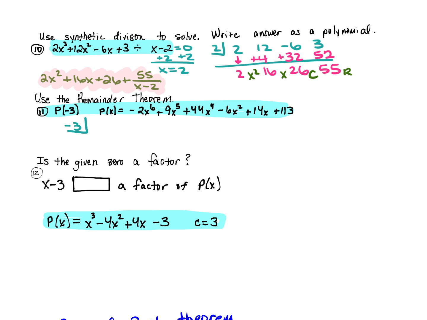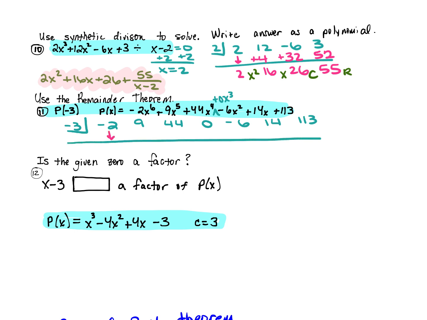For this one, you're missing the x cubed. So if you want to plug in the plus 0x cubed, you can. That'll tell you to put the 0 in for that place. So on the right of this -3, you're going to have -2, 9, 44, 0, -6, 14, and 113.